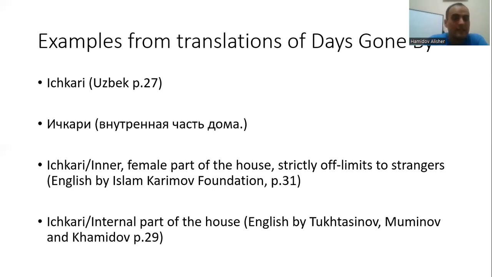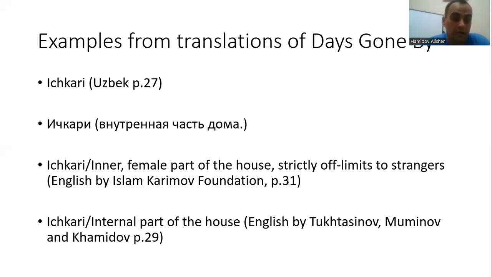So ichkari means the inner part of the house where the females of a certain family entered and stayed, and from the Islamic point of view, non-mahram people couldn't enter that part of the house.